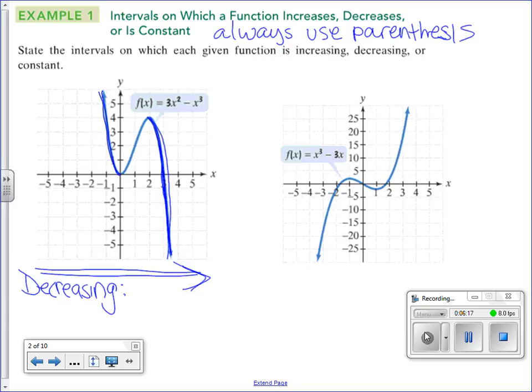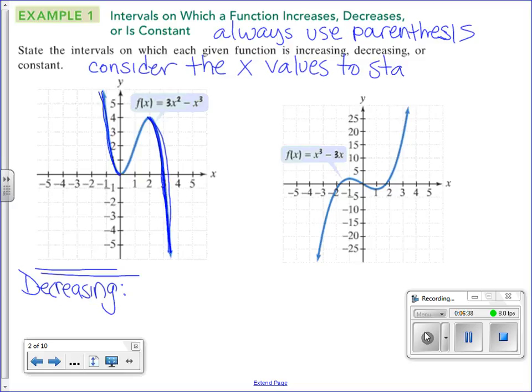on the open interval, and we're going to consider the x values, okay? To state the open interval.